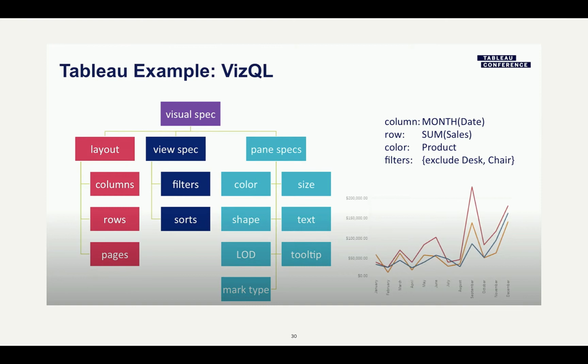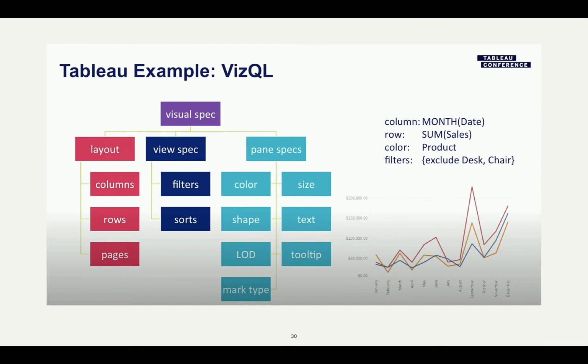The column shelf, the row shelf, the specification of what should be viewed via filters and sorting, and then the various specifications for panes. And hopefully you remember what panes are. What's the color and the shape and the level of detail? What's the mark type? Is it a bar? Is it a line? Etc.